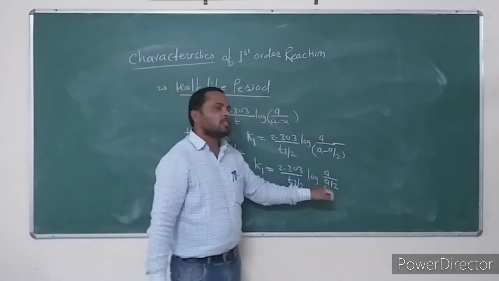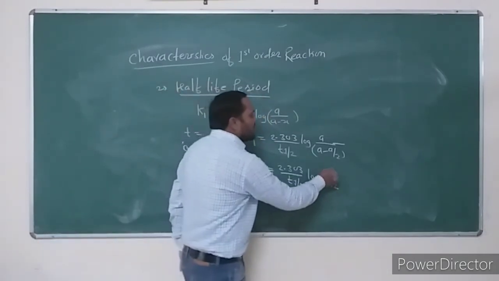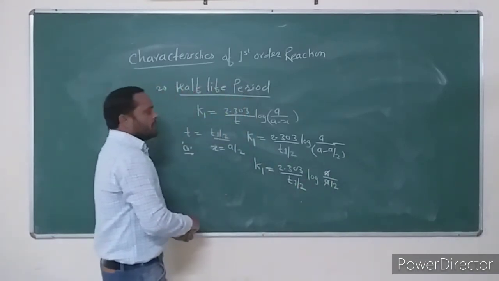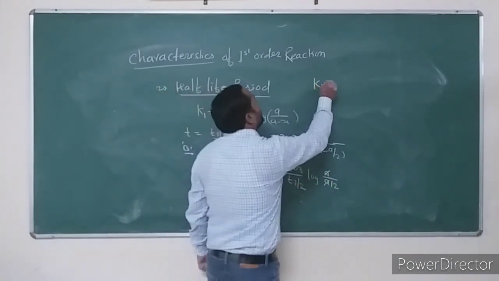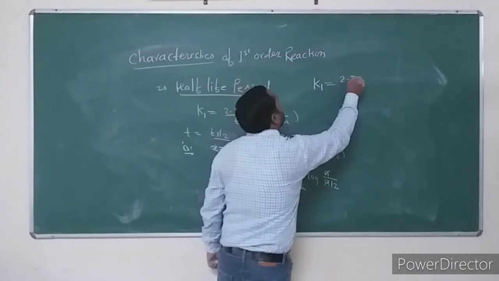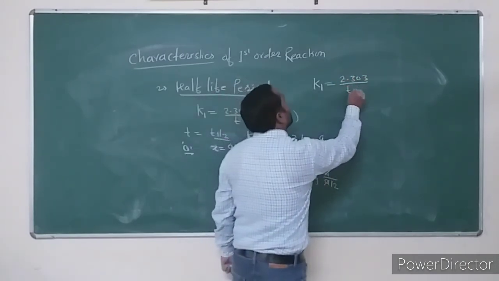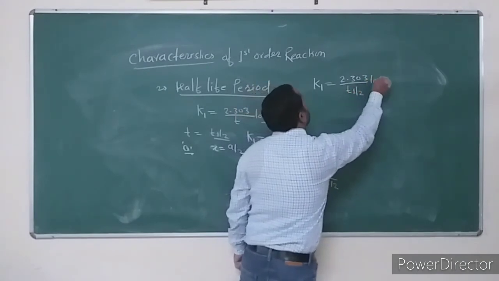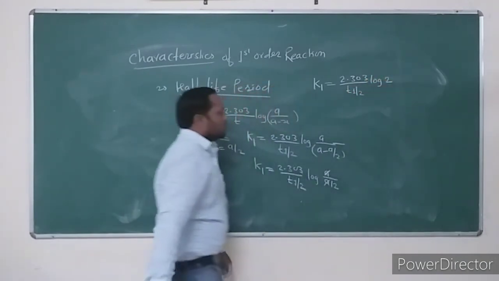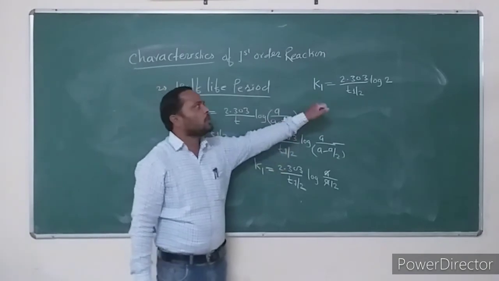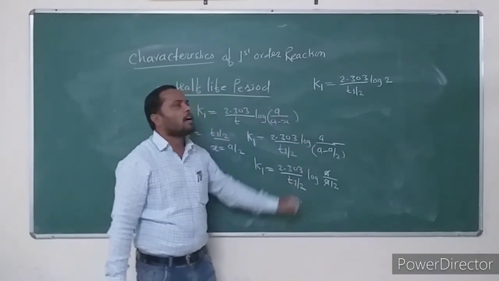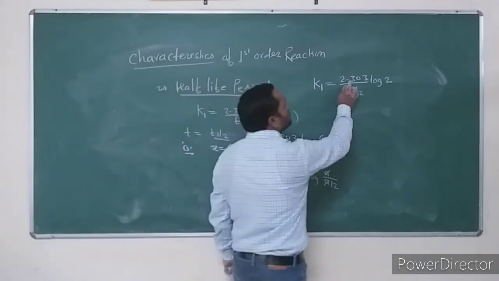A minus a by 2 is equal to a by 2. This a gets cancelled. The equation becomes k1 is equal to 2.303 divided by t half, log 2.